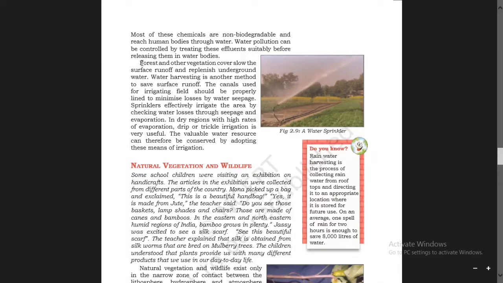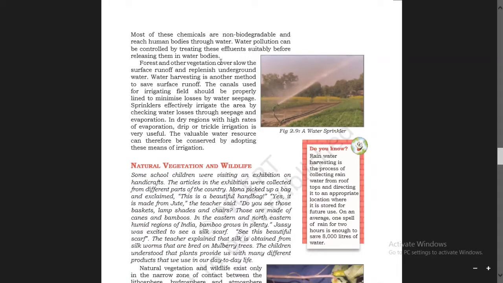We have to keep it in our mind. Effluents means liquid waste or sewage discharge. Before releasing them, we have to control the pollution by treating them.